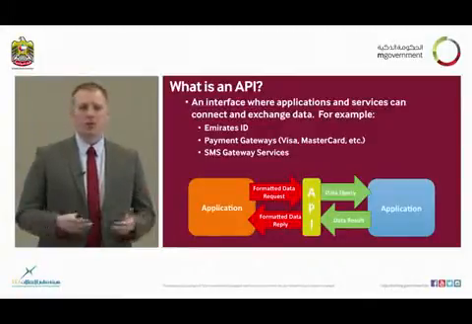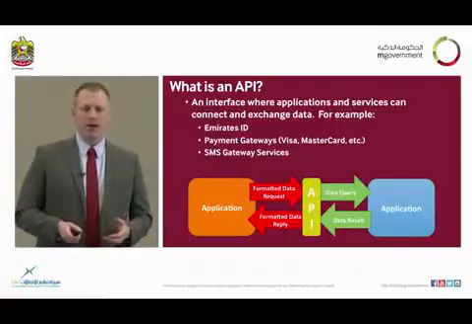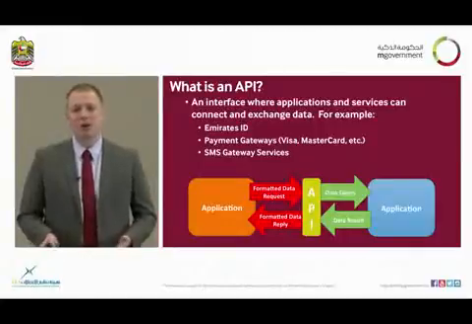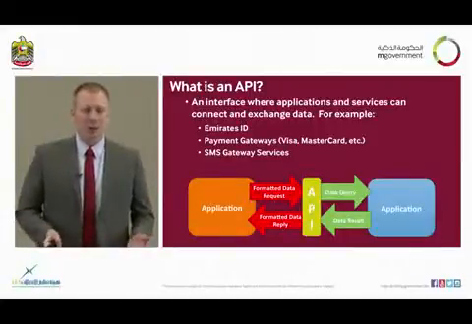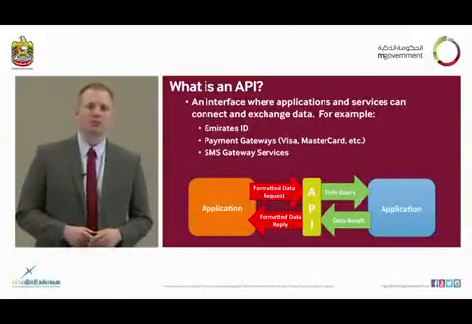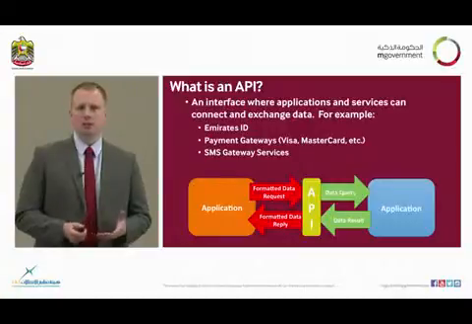A good example of this would be if you are making a purchase from a company online, how do they know if your credit card is valid or not? They don't have a copy of the databases from Visa and MasterCard. To give that to them would be irresponsible and a magnificent security breach. However, they still need to be able to verify that your credit card payment information is good.